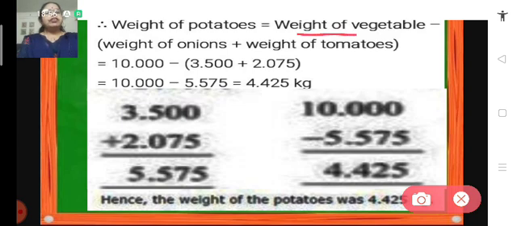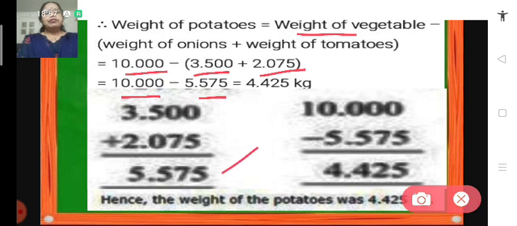It is 10 kilograms minus 3.500 kilograms plus 2.075 kilograms. So we get 10.000 kilograms minus 5.575 kilograms.